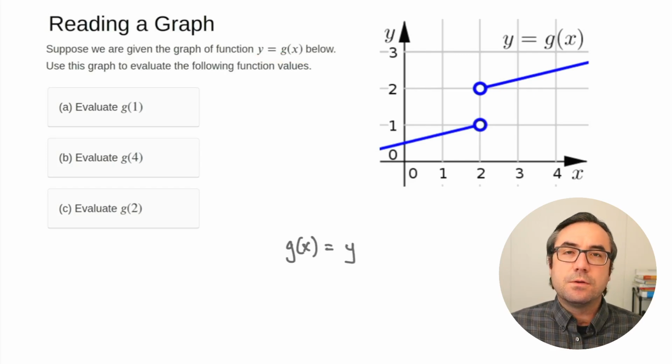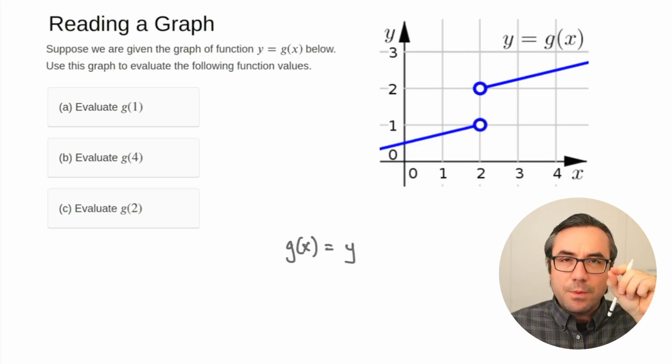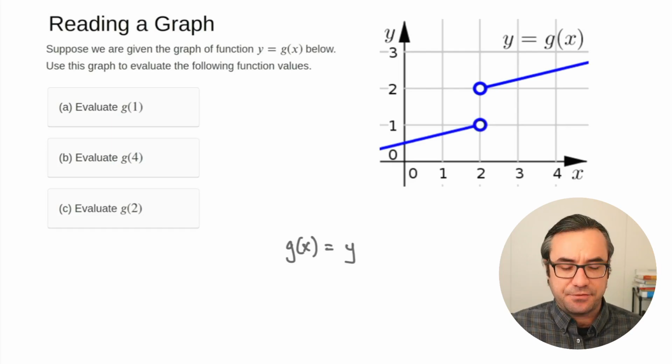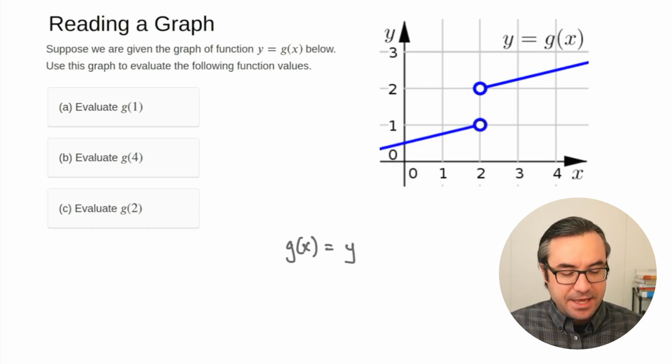So when we are trying to evaluate a function, we want to pick out the individual points on that graph. And the x-coordinate is the input. It's the thing we're plugging in. So the x value, that's the input of our function.